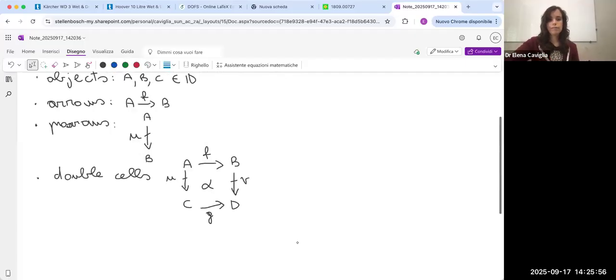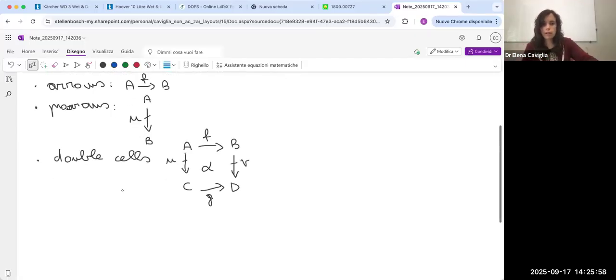So if we have our double cell alpha, I will just not write all the objects, just a double cell like this, alpha.